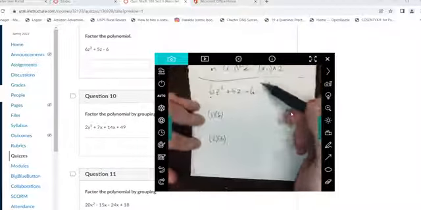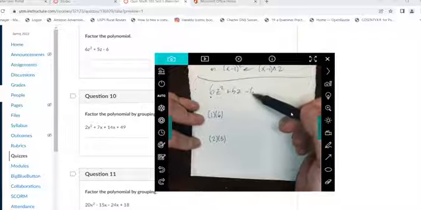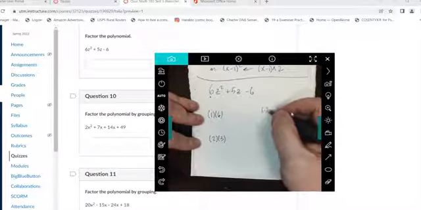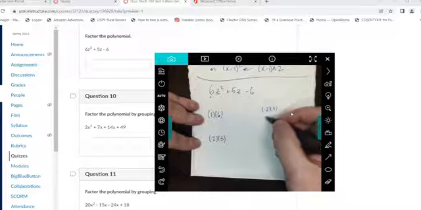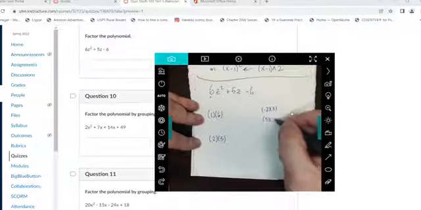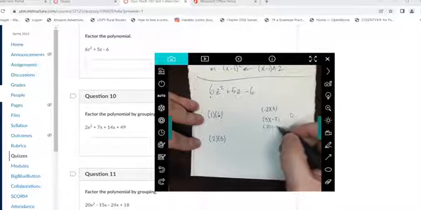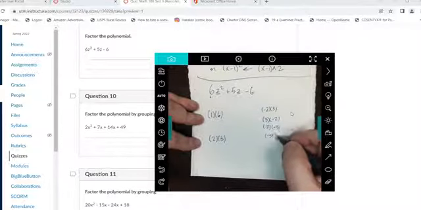Now, we're going to have to look at every possible order. We could have negative 2 and positive 3. We could have positive 3 and negative 2. We could have 2 and negative 3. We could have negative 3 and positive 2.